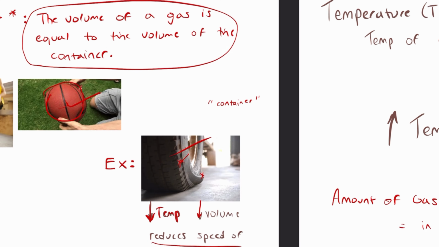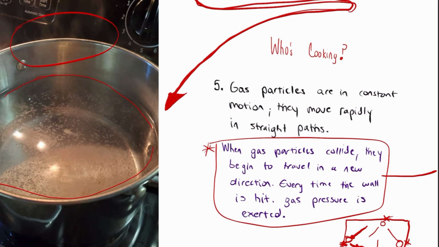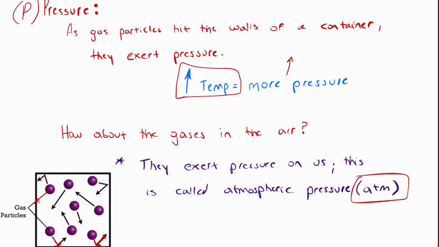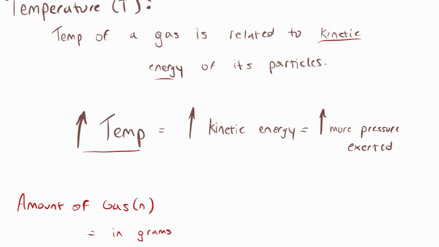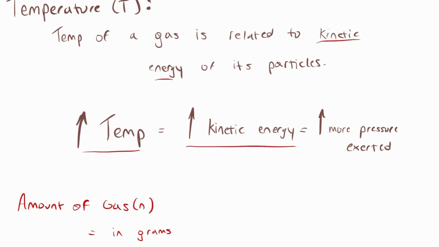When we have our pot, increased temperature allows that water to turn into a gas, and these gas particles are moving crazy, very random. Okay? So we have here temperature. An increase in temperature equals increased kinetic energy, which equals more pressure exerted. That's in a container.